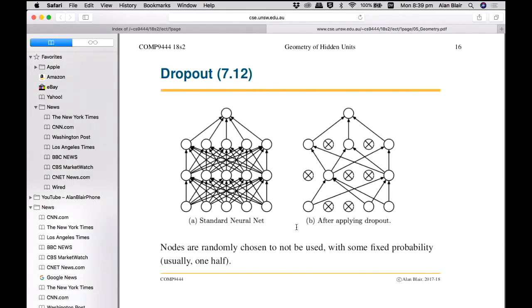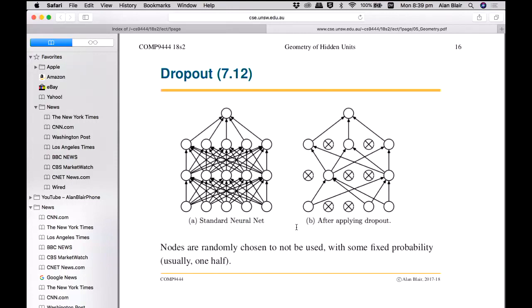Now, it would be very expensive to do that. If it takes 2 days to train each one of them, and I want to train 100, then it's going to take 200 days, right? So it's very, very expensive. But dropout, in principle, achieves the same thing, but does it much more efficiently.